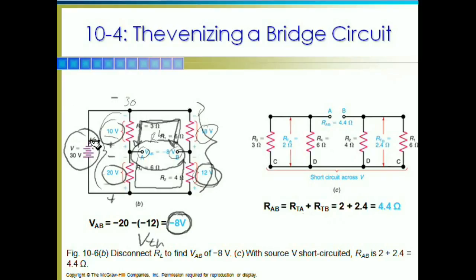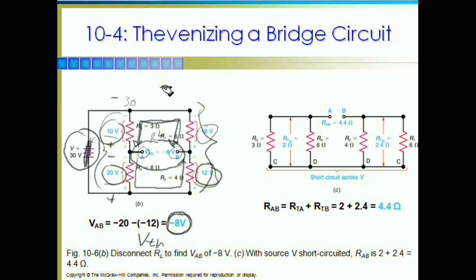Now we short across this guy, and once again look back from point A to point B. Now this is one of those that I find it most convenient to redraw.